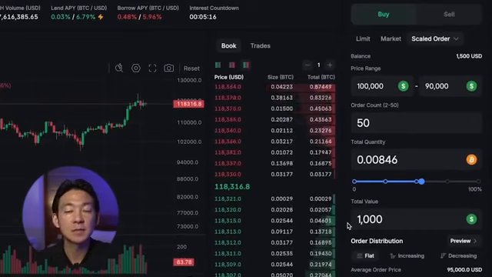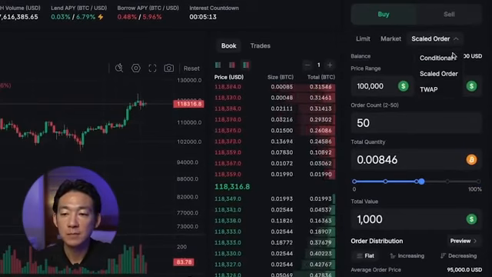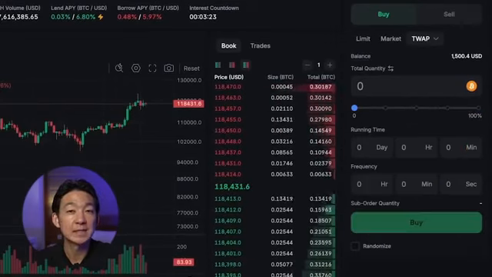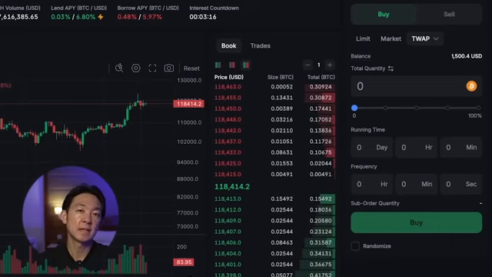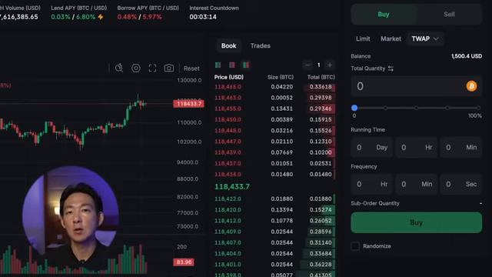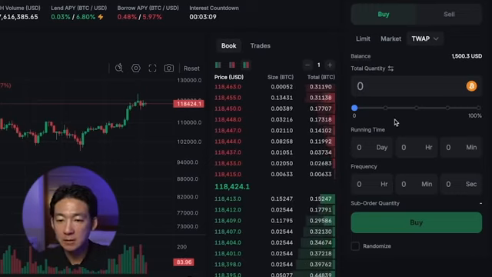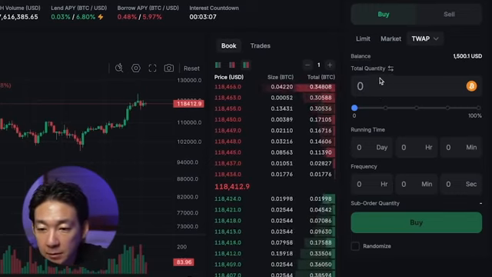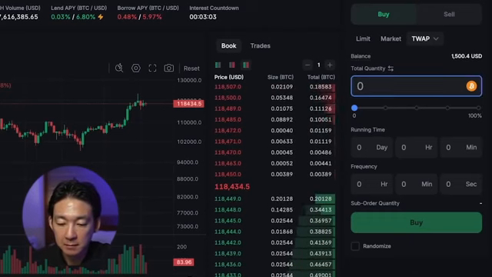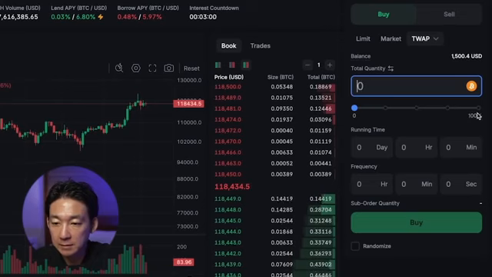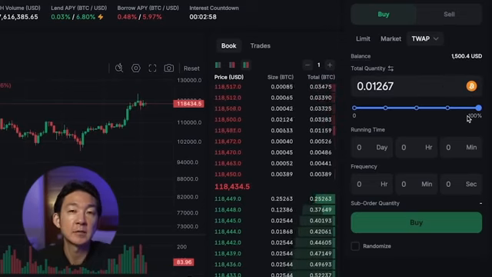And the next thing I want to explain to you is TWAP. What is TWAP? Have you heard of dollar cost averaging? This is a similar concept, but you decide how often or how long you're going to buy this Bitcoin. Let's say I'm going to use 100% of my USDT or USD to buy Bitcoin.